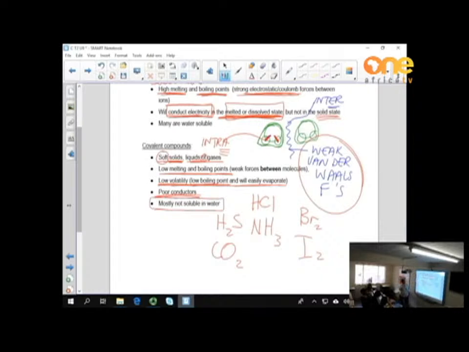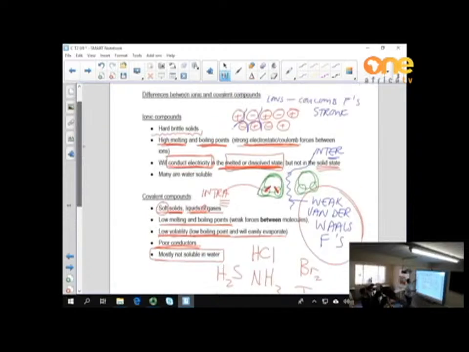mostly not soluble in water, while the ionic compounds are mostly soluble in water. Now this last one, there are quite a few exceptions to the rule. In general, in chemistry, we say, like dissolves like. Something will dissolve another substance if the forces between the particles are more or less the same size.